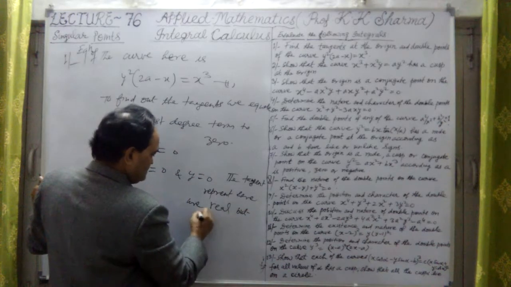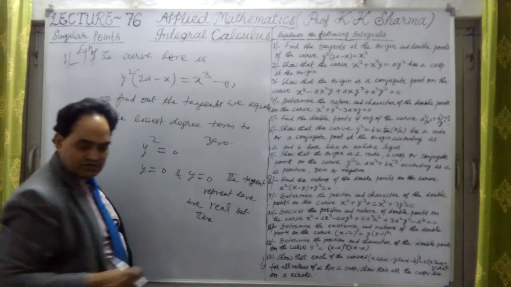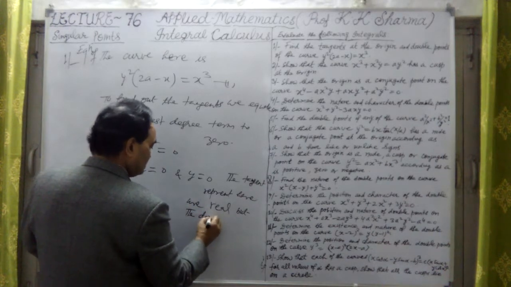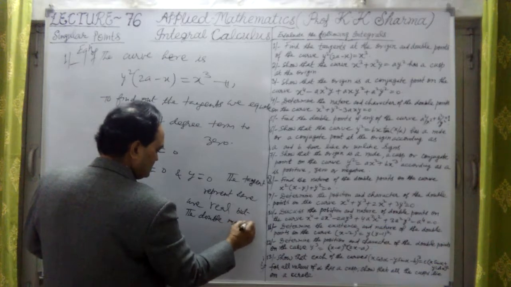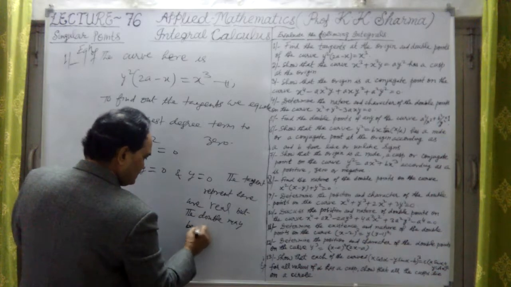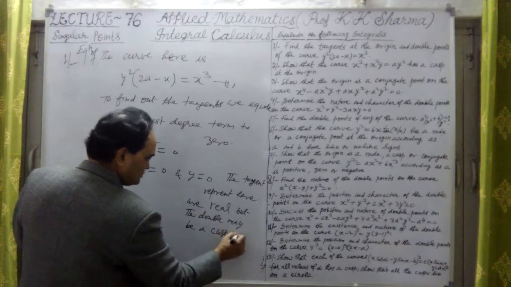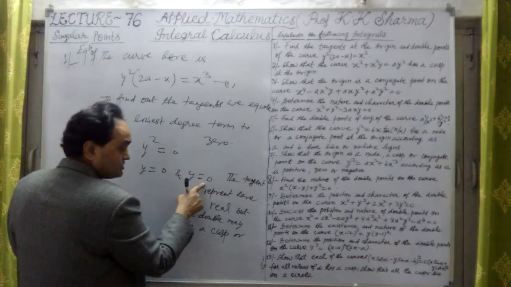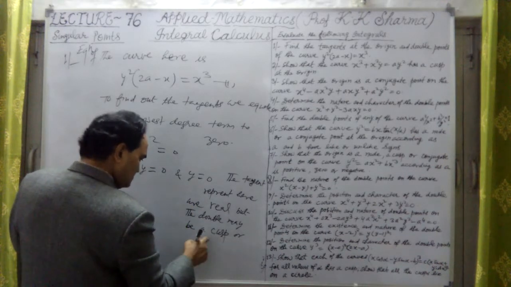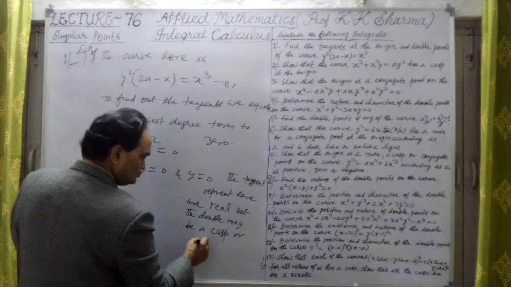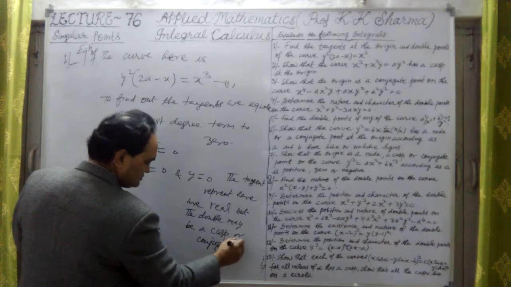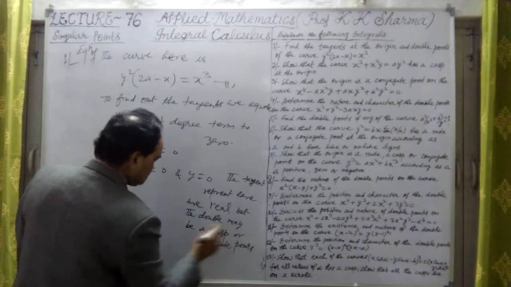But the double point may be a cusp or a conjugate point. These 2 points are not different, so it's not a node; it may be a cusp or a conjugate point. That we have to verify here.